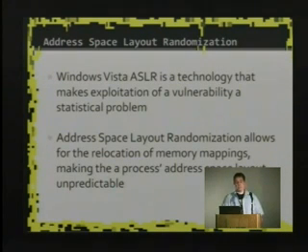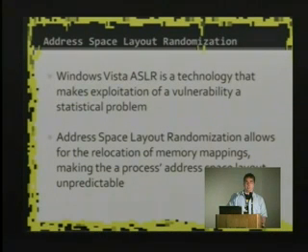So ASLR is a technology that's basically designed to introduce randomization into the address space, and effectively that creates a statistical problem when it comes down to trying to exploit a remote machine. I say statistical problem because literally it's introducing a certain variable shift in where things are supposed to be.